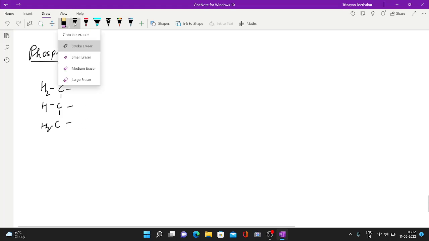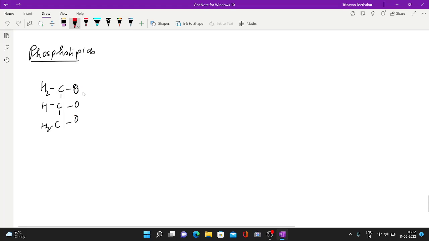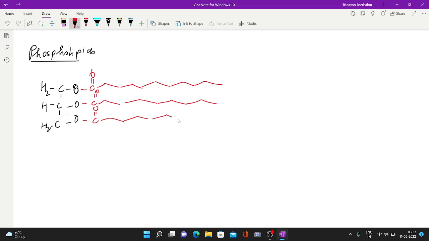Let me add a fatty acid, just a second. If I'm adding it here, I'm adding fatty acid by ester bonds, right? So this is a proper fat.